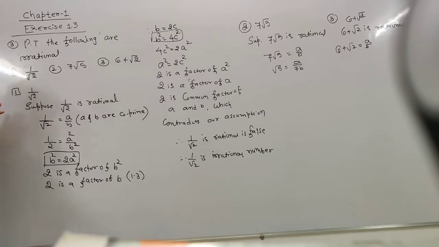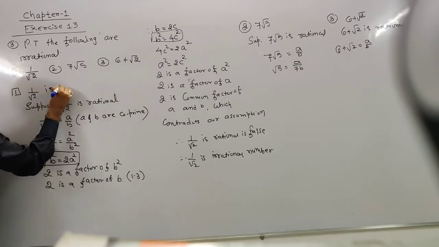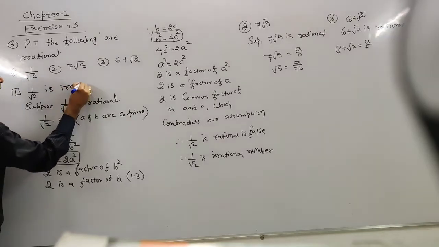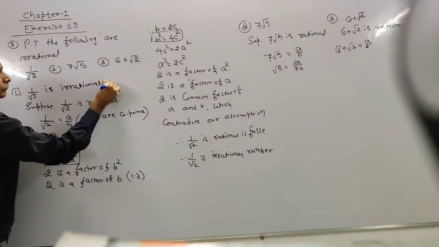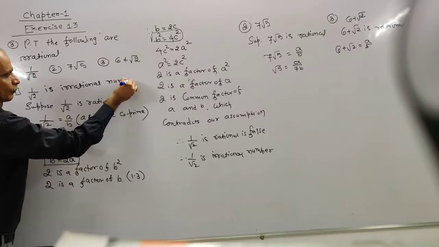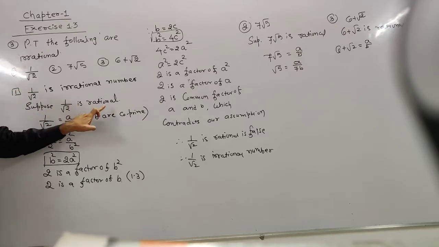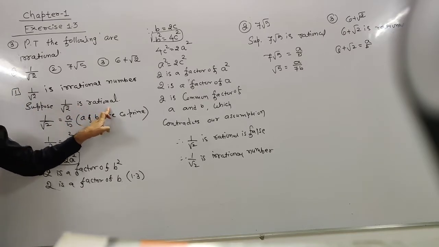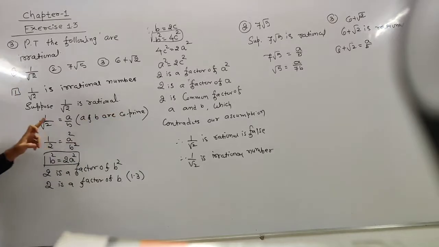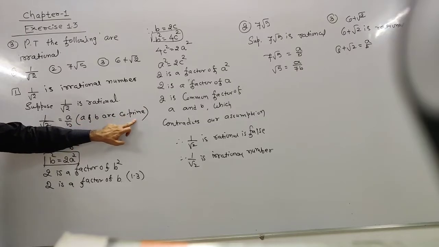You have to prove that 1 upon root 2 is an irrational number. Again use the same procedure. Suppose 1 upon root 2 is rational. So according to the definition of a rational number, 1 upon root 2 is equal to a by b, where a and b are co-prime numbers.